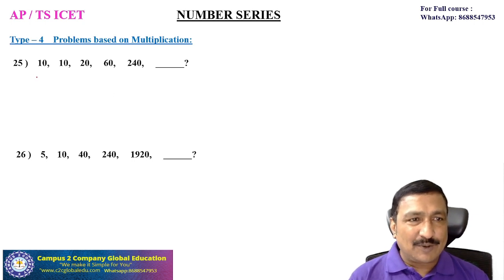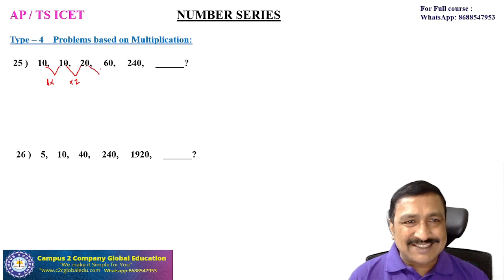If you look at this problem, 10 and here 10. So how to get 10? If you multiply 10 into 1, you are getting 10. How are we getting 10 to 20? If you multiply 10 into 2, we are getting 20.